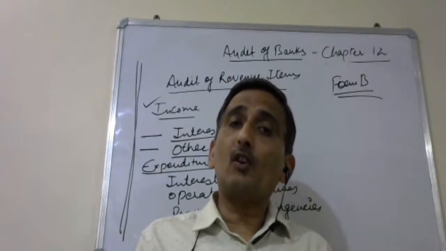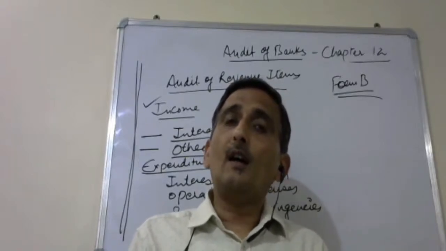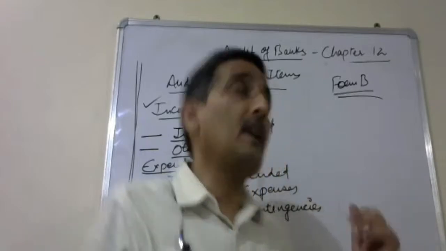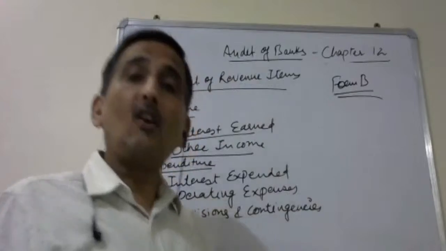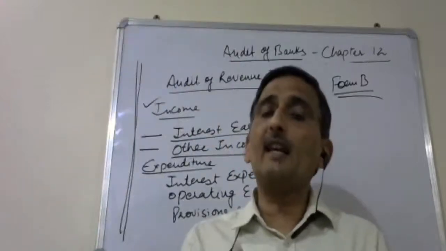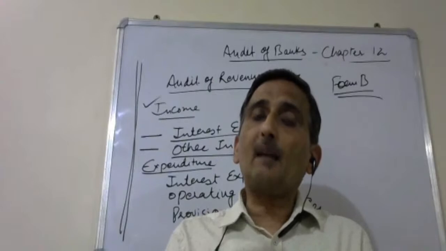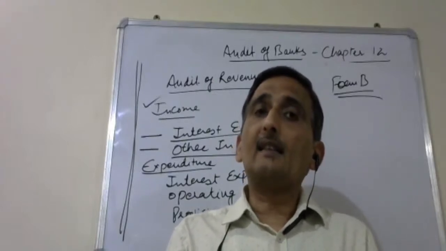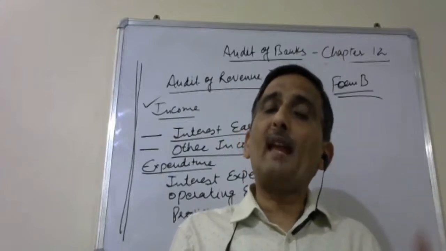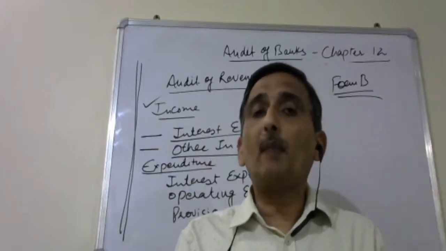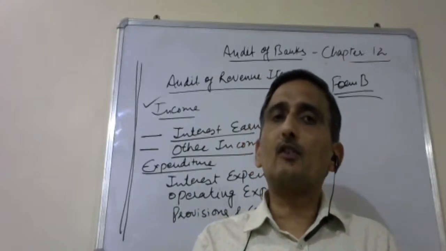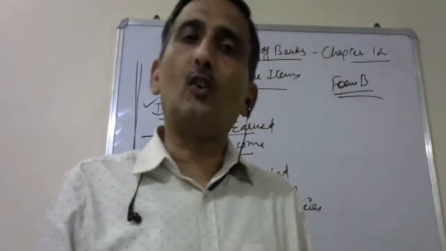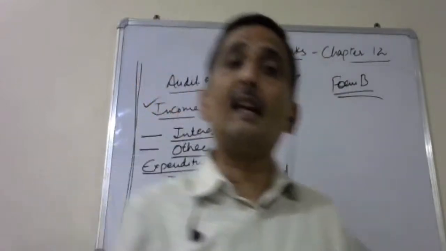He would also be ensuring that there is no unrecorded income on account of interest earned, because if there is slippage, if there is leakage, if in some account interest has not been correctly fed, then the profits of the bank would be reduced by that extent. This is a very important point.